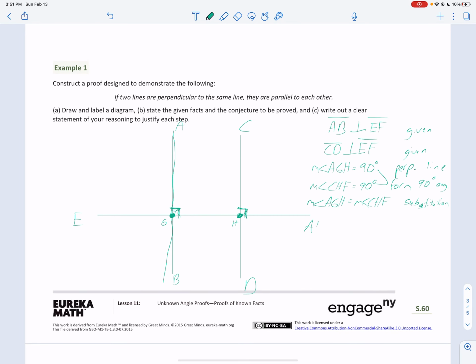So we know that AB, and this is one of the harder parts. This is called a converse. And we'd want to put a lot of words right here, but the main thing is it's if two lines are cut by a transversal, and their corresponding angles are equal in measure, then they're parallel.